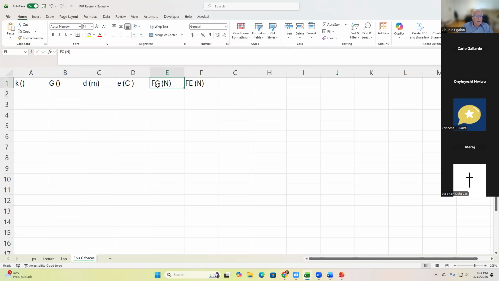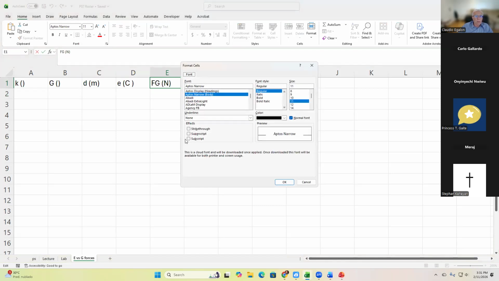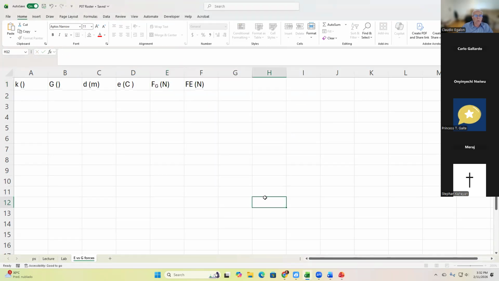I want to subscript the G, and I'm going to subscript the E as well.